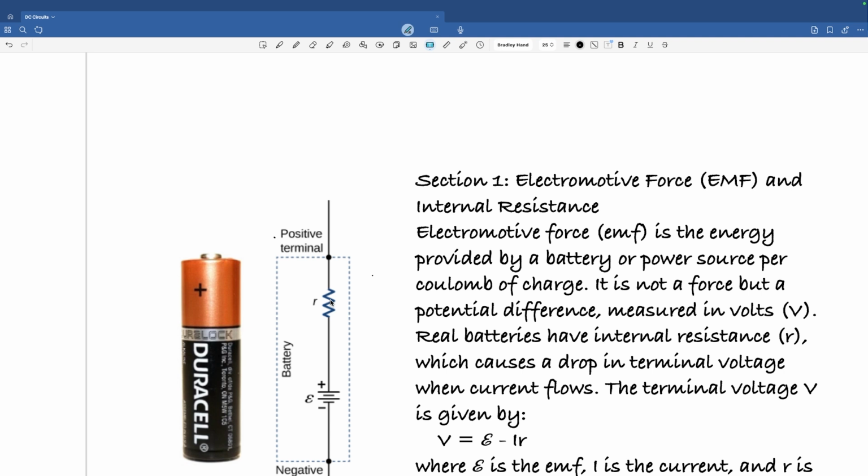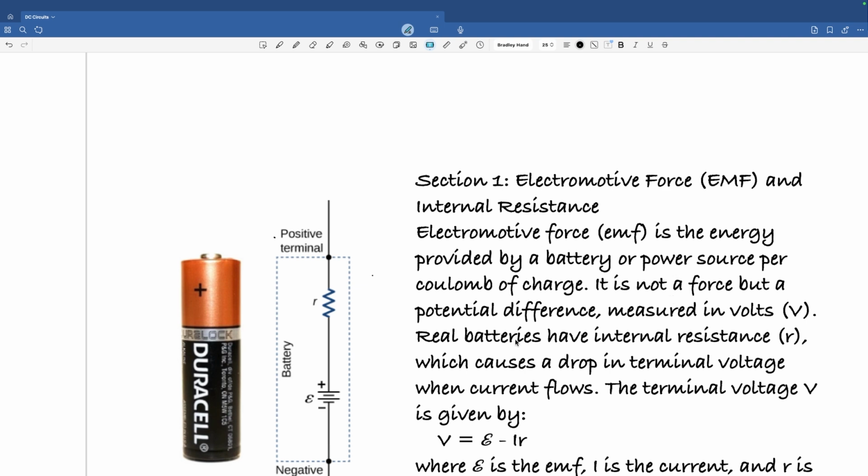When the battery is being used, a current flows through the external circuit, whether it's a light bulb or whatever the battery is powering, and that same current must also flow through the battery. That's where the internal resistance of a battery comes into effect.